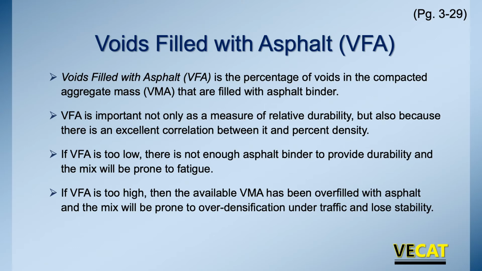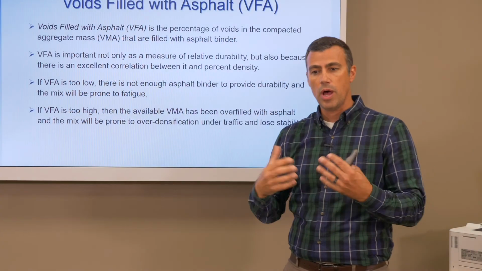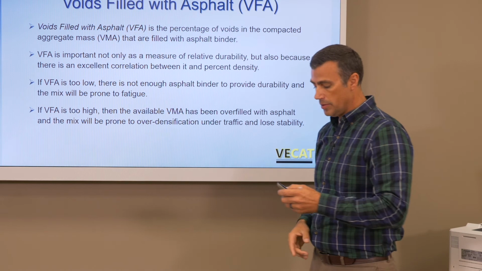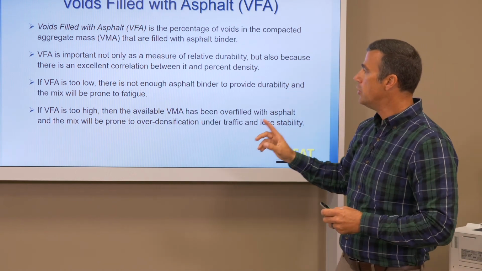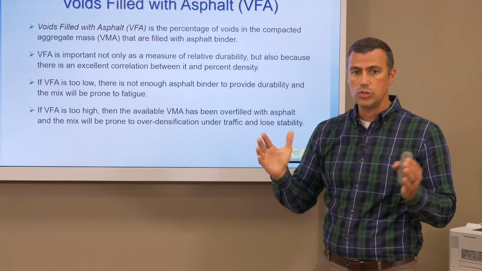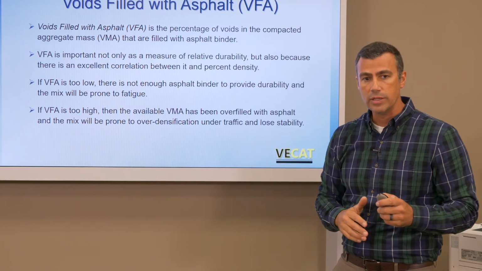So we have to put in more asphalt than we really need, and then our mix can be prone to over-densification or compaction under traffic, not be very stable, not support traffic very well. So there's a balance there. Okay, so in terms of VFA, you're going to see specifications that have a minimum and a maximum, or a range that your VFA has to fall inside of.